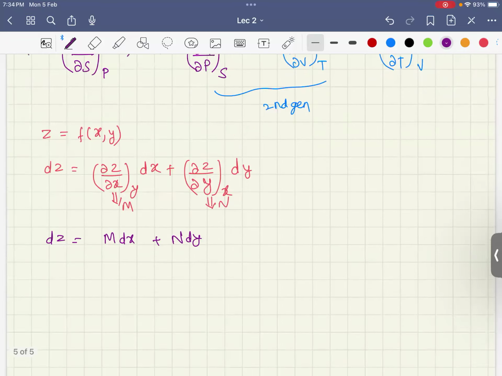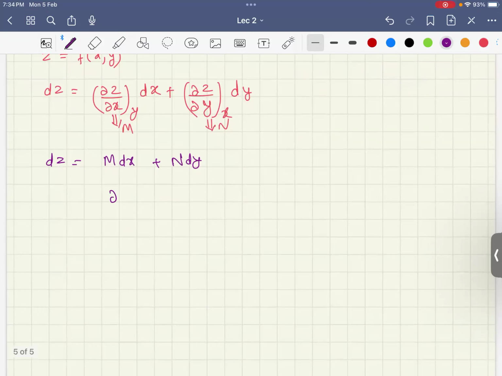For all thermodynamic properties, mathematics says that del m by del y at constant x has to be equal to del n by del x at constant y. So this is theorem 2, and the earlier one is theorem 1.